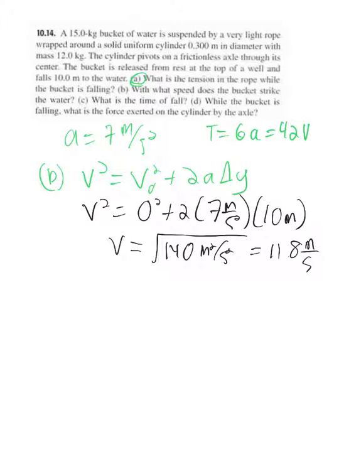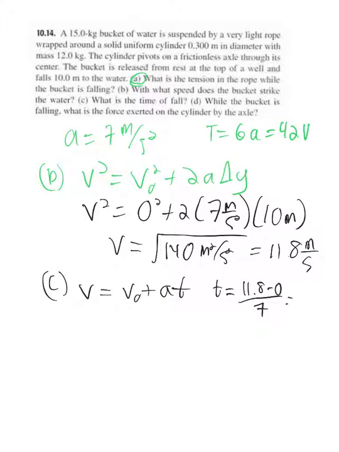For part C, they ask the time. And for that one, I'm going to use V equals V naught plus AT. So T is just going to be 11.8 minus 0 divided by 7, 1.69 seconds.